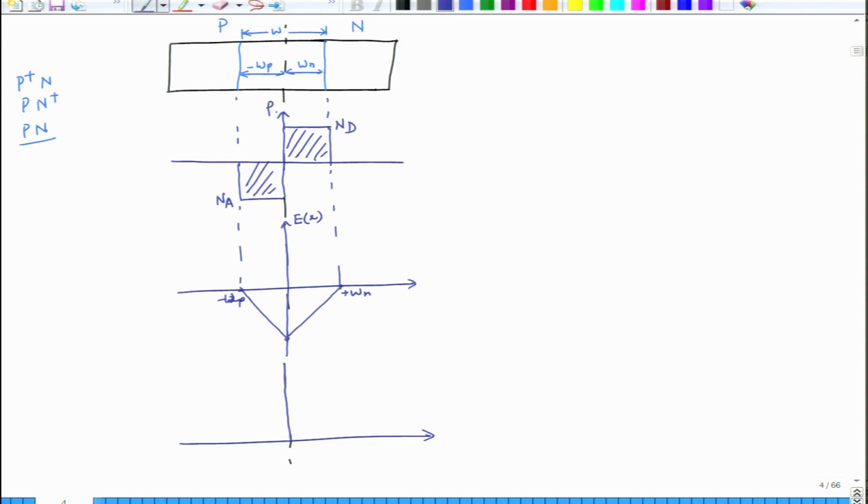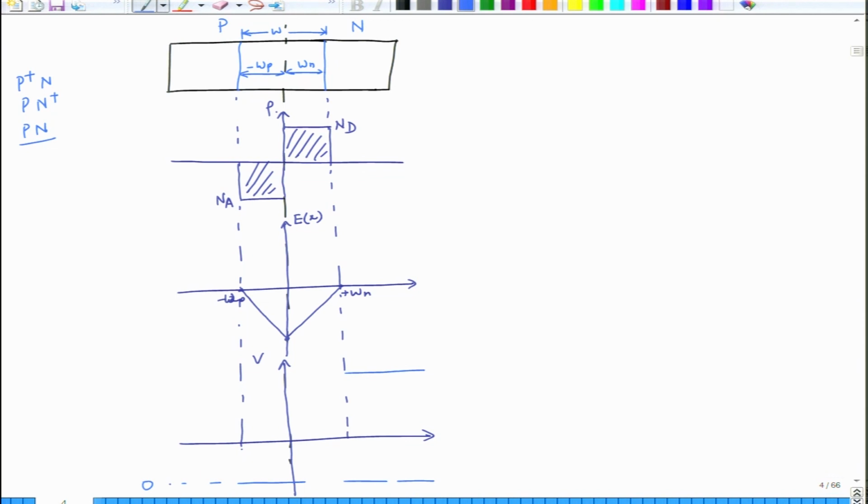The potential V, and let us say I can use a slightly different color. Let us say we start from 0 here. It achieves a value V_BI in this region.